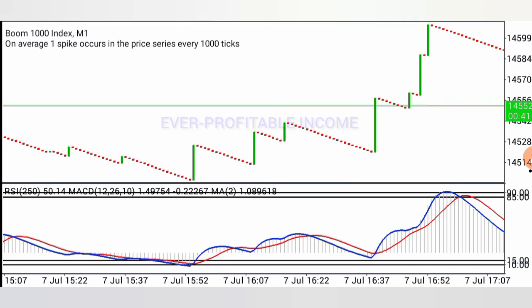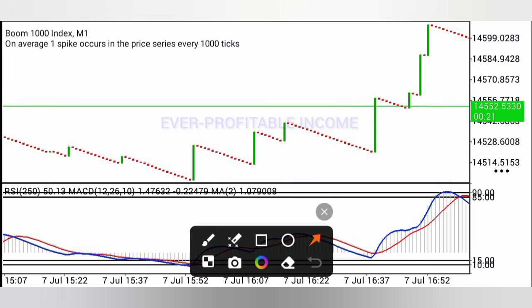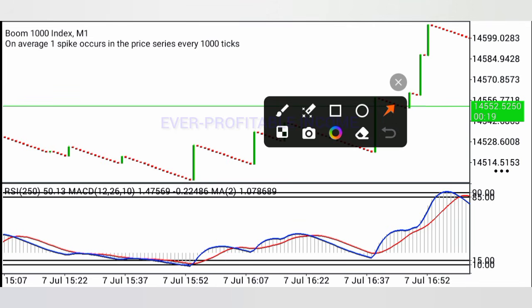Now, in order to catch spikes using this strategy, you have to wait for your MACD and your moving average to hit the oversold level, which is your level 10 and level 15. The moving average, this blue line right here, is going to touch level 10.